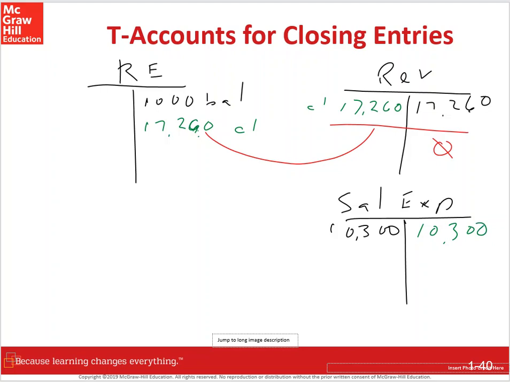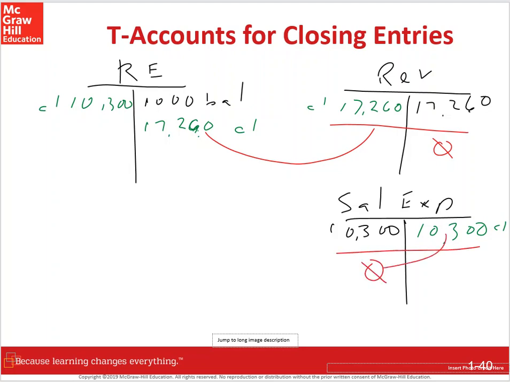If we credit there, that means we need to debit retained earnings. And again, we write CL next to our closing entries. That would leave us with an ending balance of 0 in salaries expense.